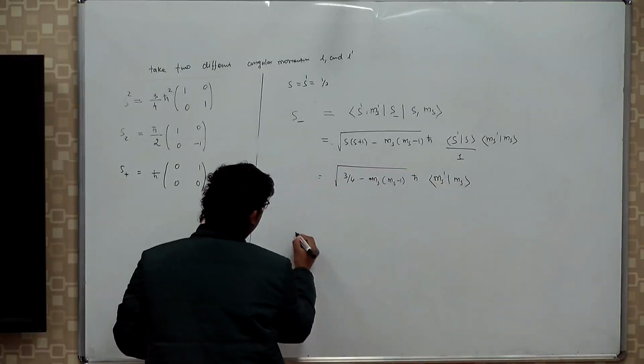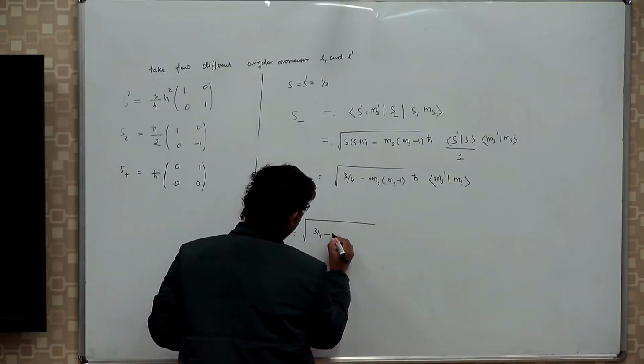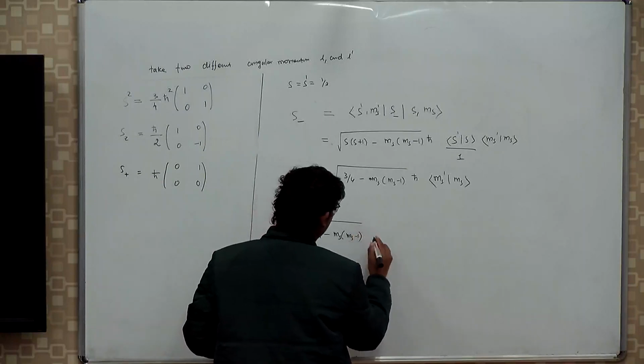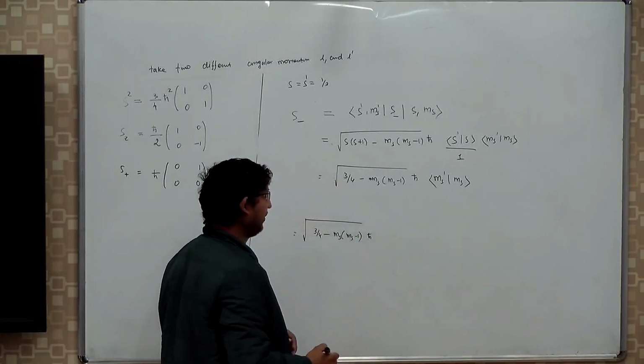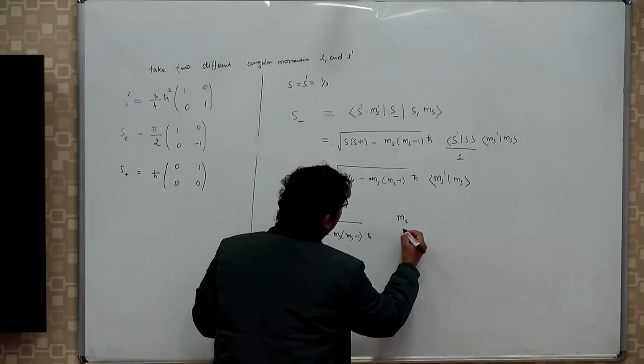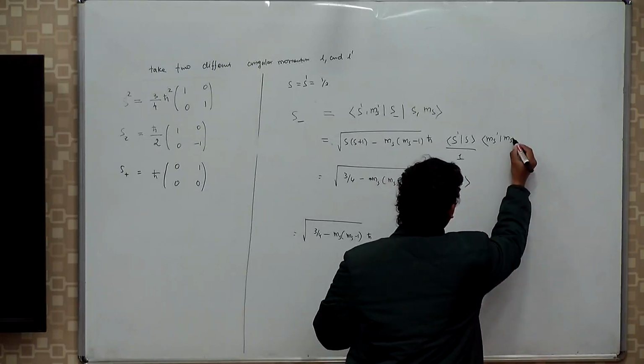For writing in matrix form, square root of 3 by 4 minus ms of ms minus 1, h cross, then here ms plus minus 1 will come.